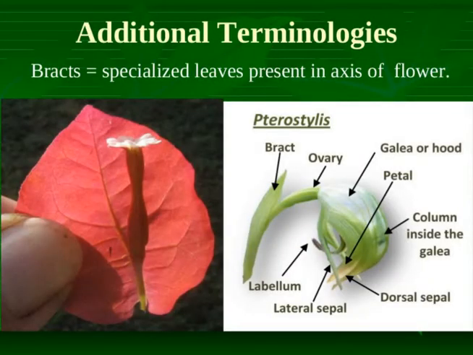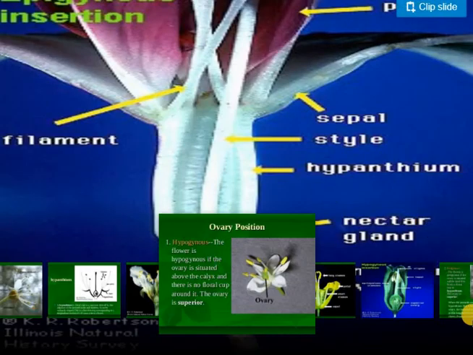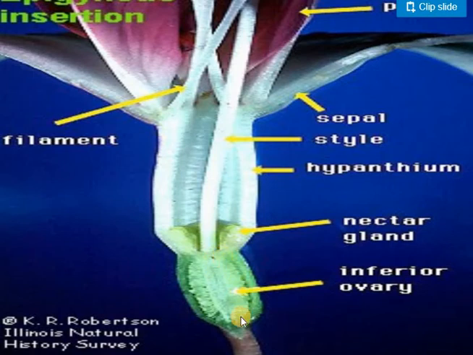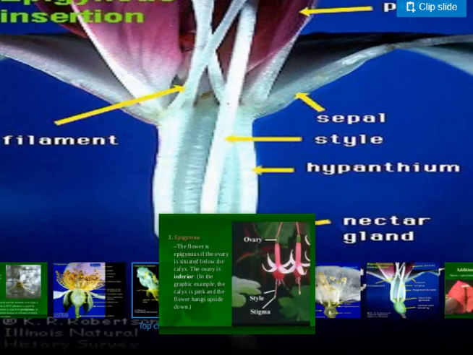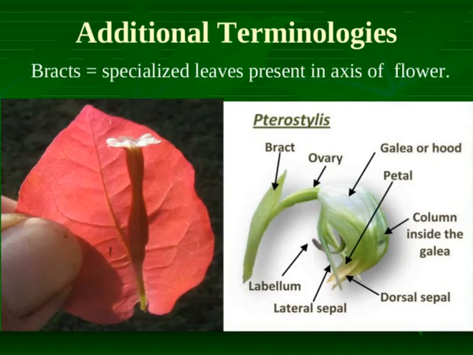See this diagram, this is how the epigynous condition looks. This is the ovary, this is the epigynous insertion, and this is the tube. From the rim of this tube come the petals, sepals and stamens, and that's the difference.